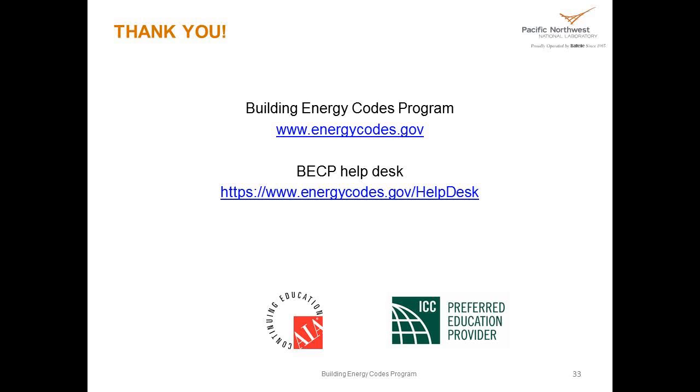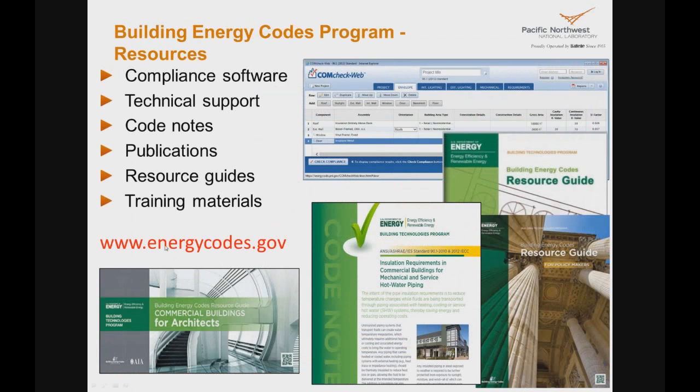A good resource to see what state has adopted what code is energycodes.gov. You can click on adoption, and there is a drop down of every state, and you can click on the state and see what the active effective energy code is in that state.